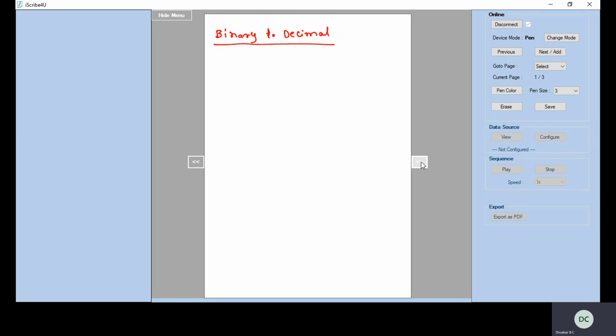So let us take the example 1110.111 binary to decimal. If the last letter is D, multiply by the powers of 2 according to the positional weight.